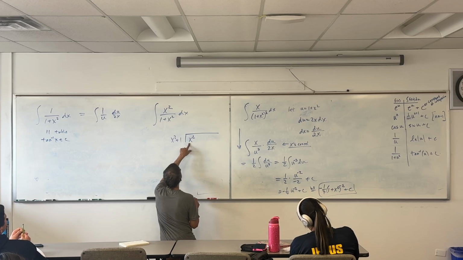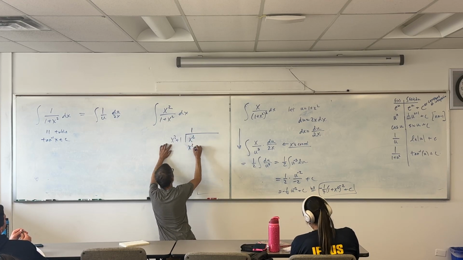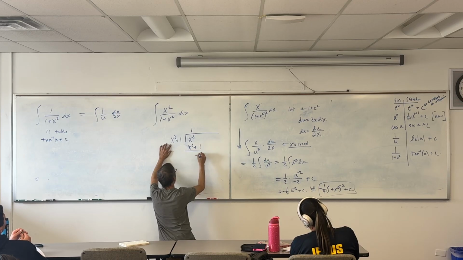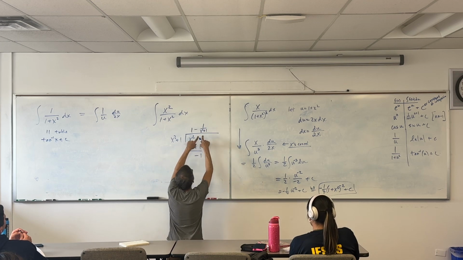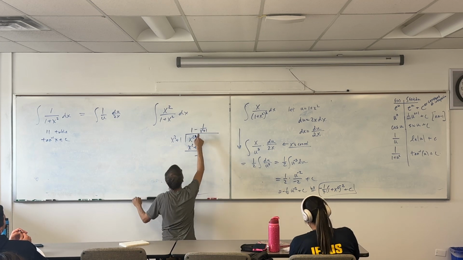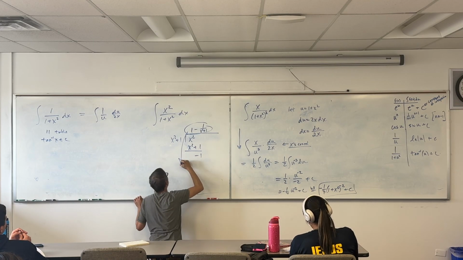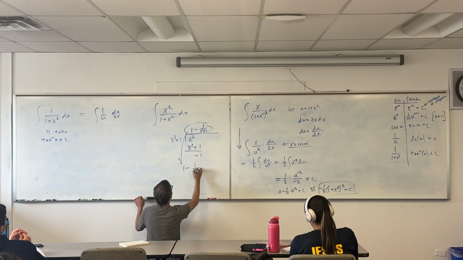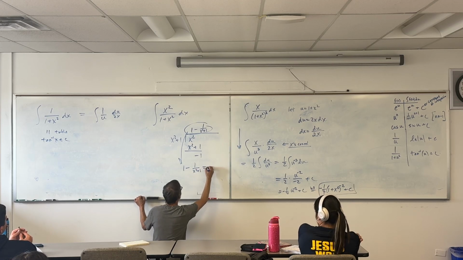How many x squareds go into here? 1. So 1 times x squared plus 1 is this. Subtract down. These cancel. I get minus 1. And so I rewrite the whole thing to look like this. Now check this out. This is the same as this. And if you don't believe me, add them together: 1 minus x squared plus 1 over x squared plus 1. Get a common denominator.